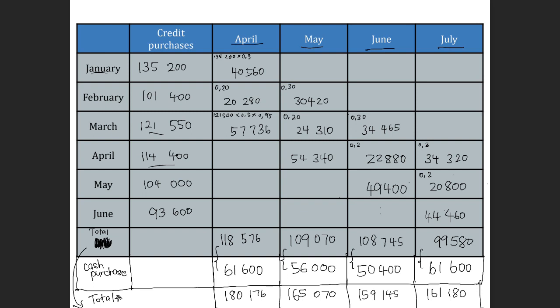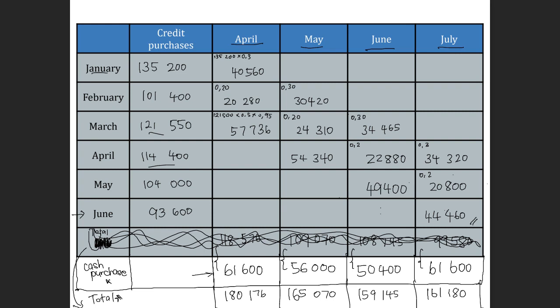So generally though, you actually wouldn't have this entire column. If they asked you to draw up this total purchases, if they said total purchases, then what you're going to do is once you are done with the credit bit, which was up until this point, once we did the month of June and we calculated all the credit purchases, you would add on a row at the bottom for the cash purchase, and this is where we calculated the 35%.